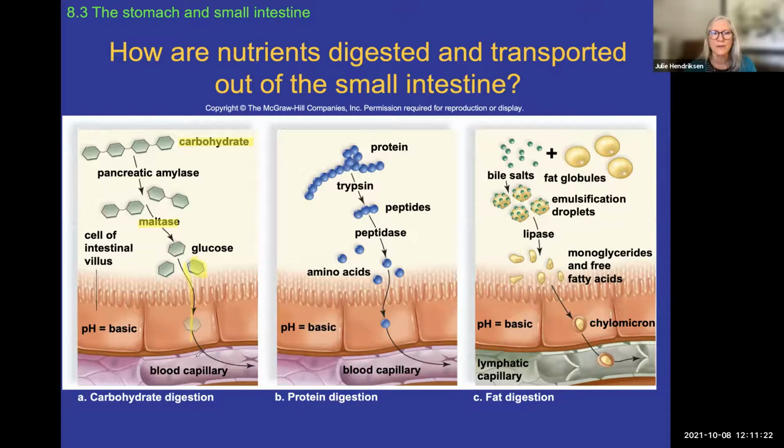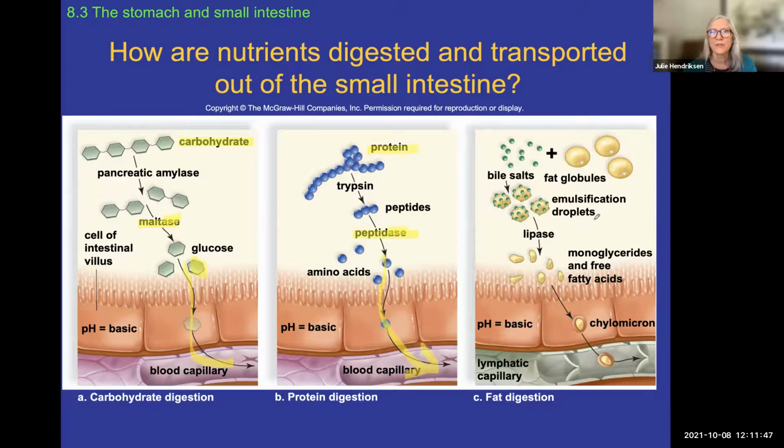All right, so then it goes into your blood. Your proteins, which remember are chains of amino acids, are broken down by things called peptidases, because peptides are short chains of amino acids. So now you see the root ase that tells you, oh, enzyme: maltase, an enzyme; peptidase, an enzyme. And those amino acids move across into your capillary.